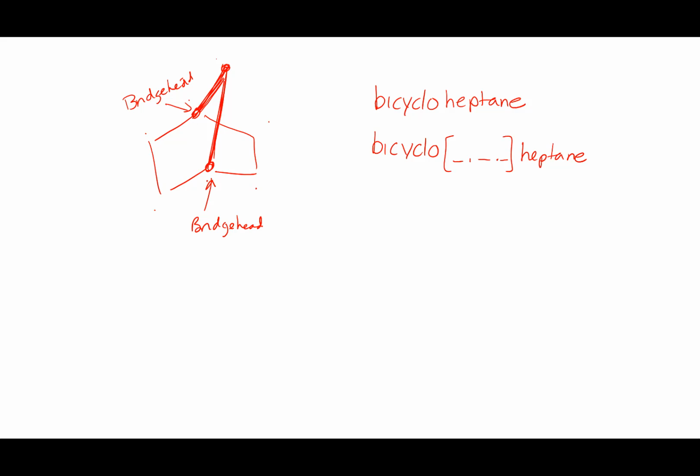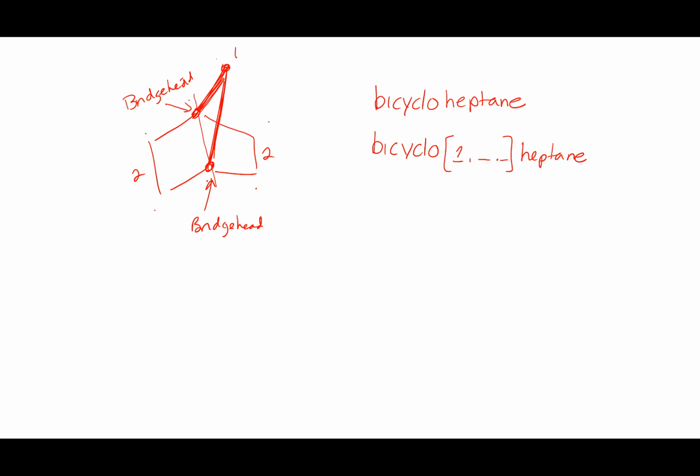If I think of putting a line through those 2 bridgeheads, I get 3 pieces of a propeller. And the question is, how many carbons are on each one of those blades? Here we've got 2 carbons, here we've got 2 carbons, and up here we have 1. So this would be a 2,2,1 bicyclo, or bicyclo[2.2.1]heptane.